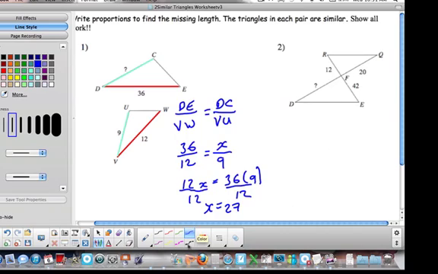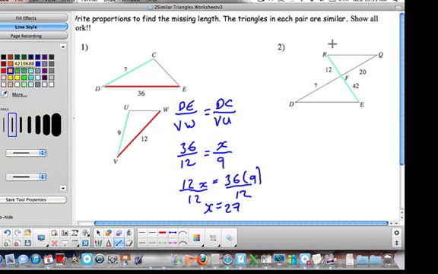Now for this one, the corresponding sides, if I go to this side, FE will correspond to FR.